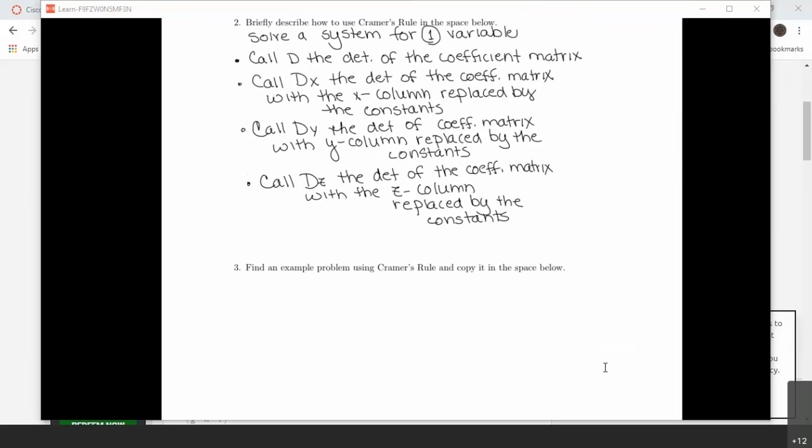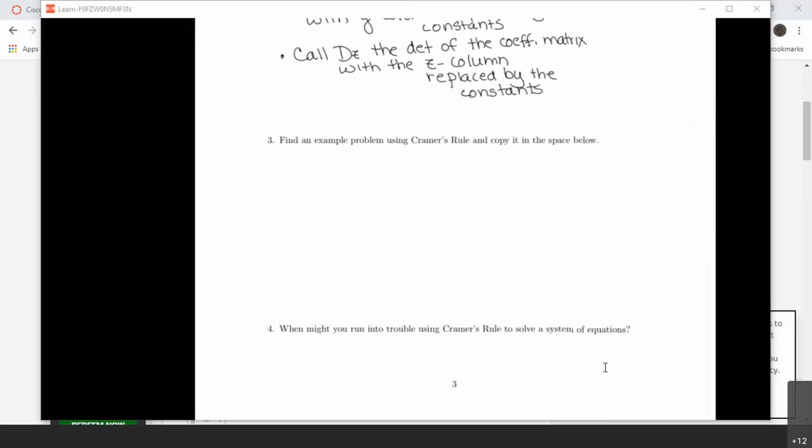Imagine a square matrix, and then one by one, we're going to take out the first column, replace it with the right-hand side. Then we're going to take out the second column, replace it with the right-hand side, and lastly, the third column. So here's a system that I found.